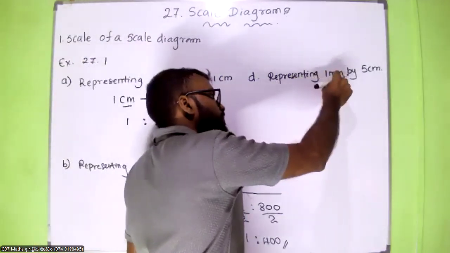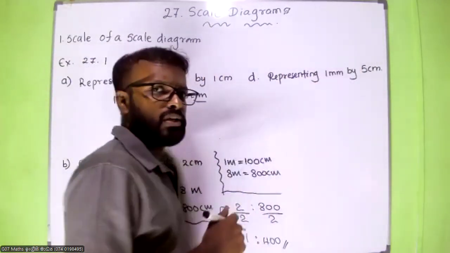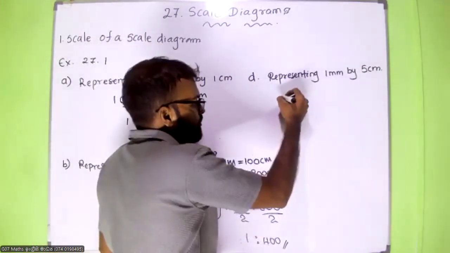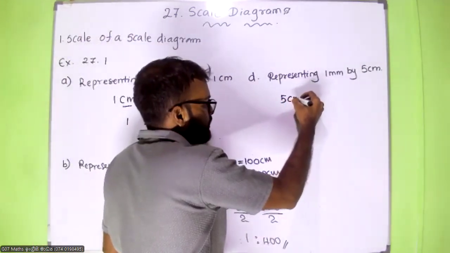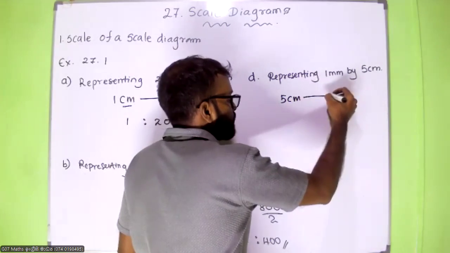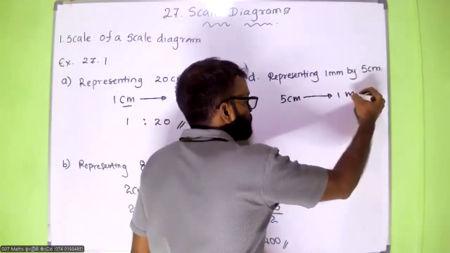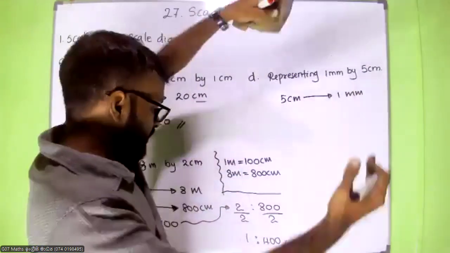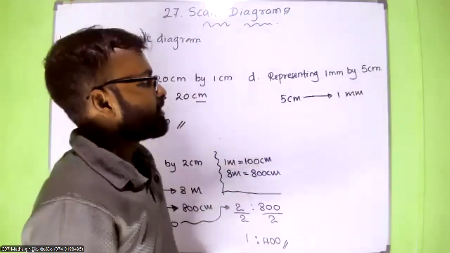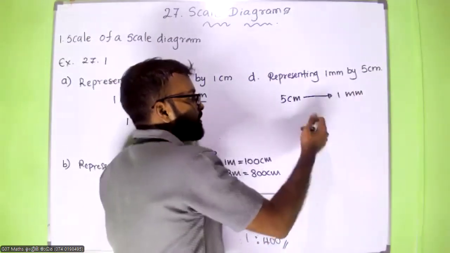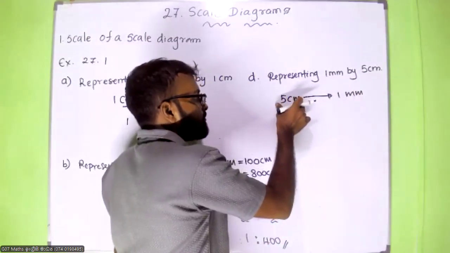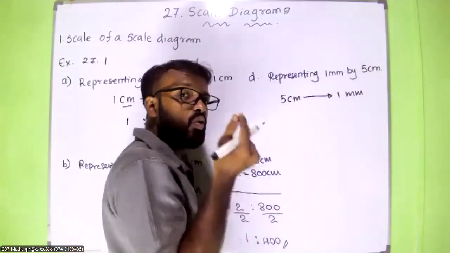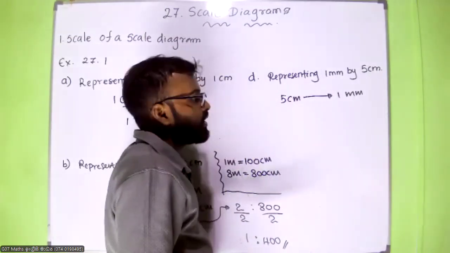Part D. Representing 1 millimeter by using 5 centimeters. By using 5 centimeters, I am going to represent 1 millimeter. It is a magnification. And by using 5 centimeters, I am going to represent only 1 millimeter.